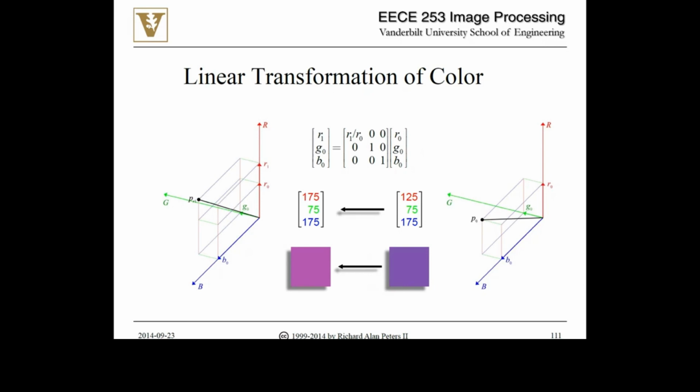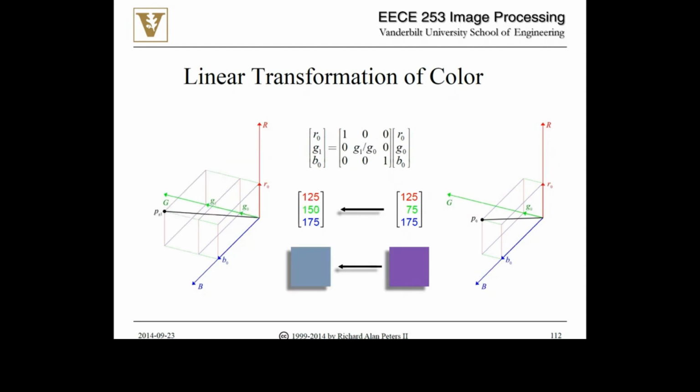Let's say this scalar is larger than 1, then I will become more red. So the red channel will now have higher intensity. If you have a point, the original point is here, so we are increasing just in this direction. Now we are going from this point to this other point.